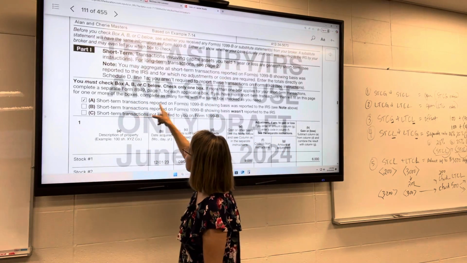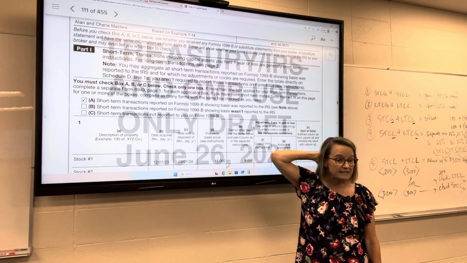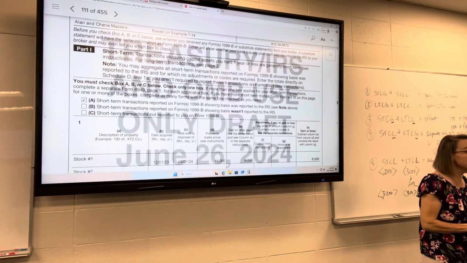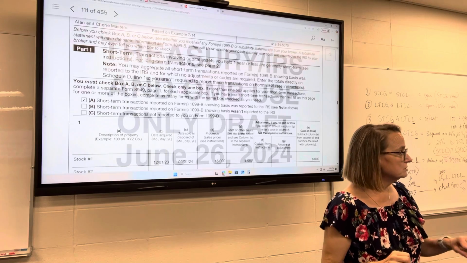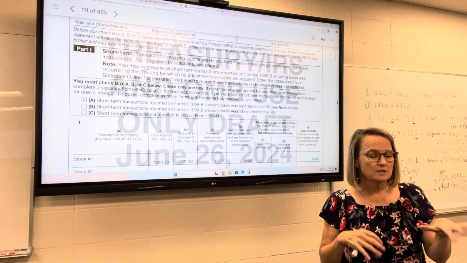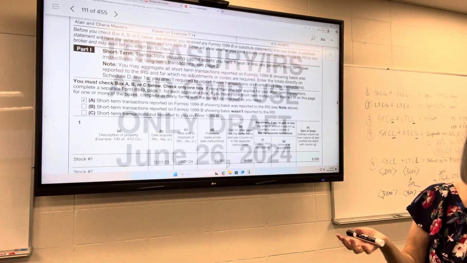There are short-term transactions that are reported on a 1099-B, and the basis was reported to the IRS. The 1099-B is the brokerage statement that is issued to individuals when they have a brokerage account and they've had sales during the year.